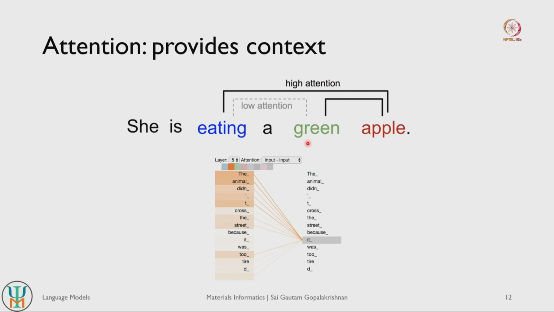A person can eat a red apple, a person can also eat a different colored food. So the word green should have less context or less attention with respect to the word eating or the word apple. So it is important for the model to understand which words have high degrees of association, and that is what attention tries to capture. So it provides context to which words are important in a given sentence.